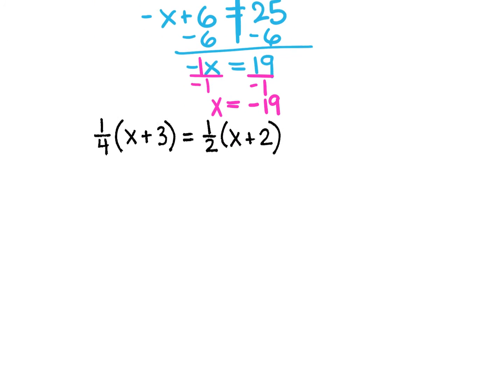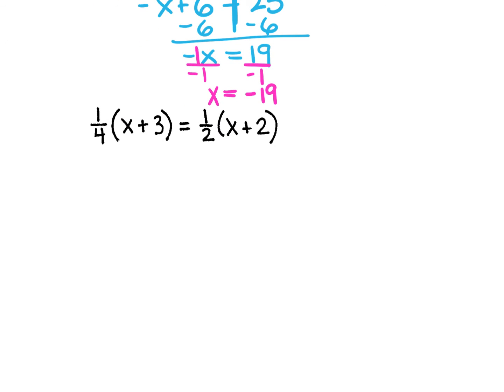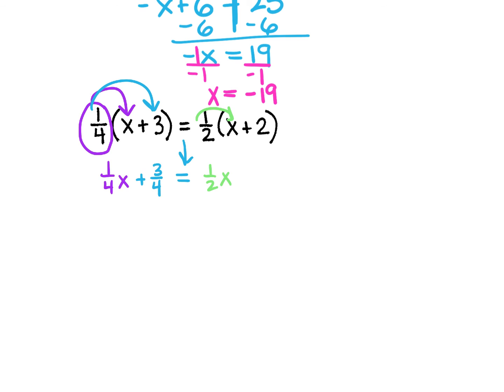Last but not least, I want to go through fractions. They work the same way as any other number. So 1/4 times x is 1/4 x. 1/4 times positive 3, and you can use your calculators, is positive 3/4. I'm just going to bring down my equal sign. 1/2 times x is 1/2 x. 1/2 times positive 2 is 1.